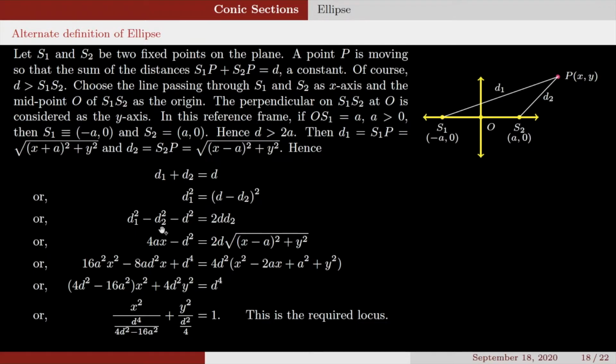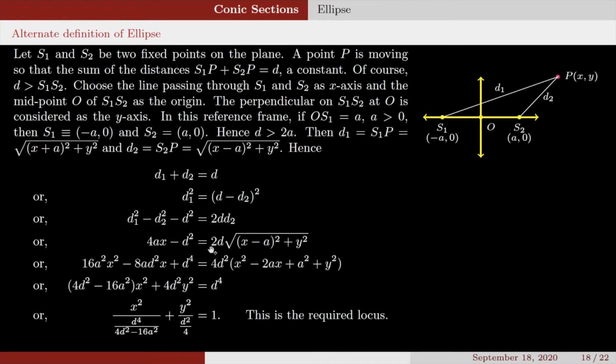So D1 squared minus D2 squared is (x plus a) whole squared plus y squared minus (x minus a) whole squared plus y squared. You can do the intermediate steps if you do not follow directly. The y squared cancels, and (x plus a) whole squared minus (x minus a) whole squared is simply 4ax.